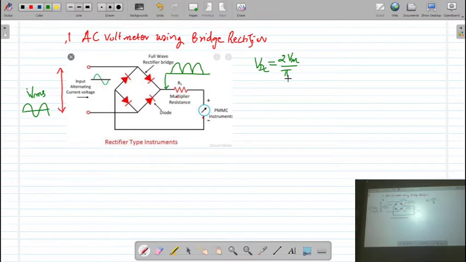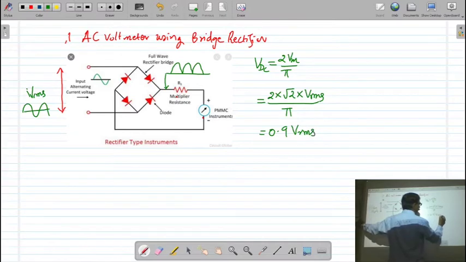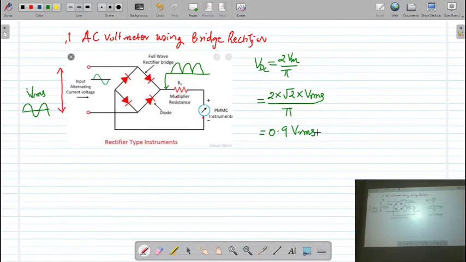Now here it is 2 Vm by pi, and you can calculate 2 into root 2 into Vrms divided by pi, and this comes out to be 0.9 into Vrms. So this much amount of the DC voltage will be produced at this point.